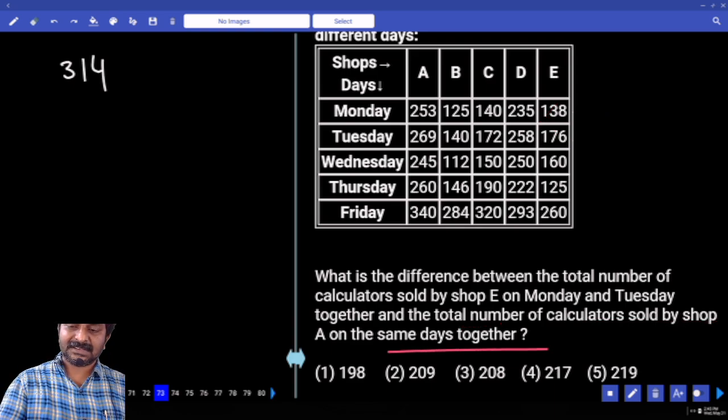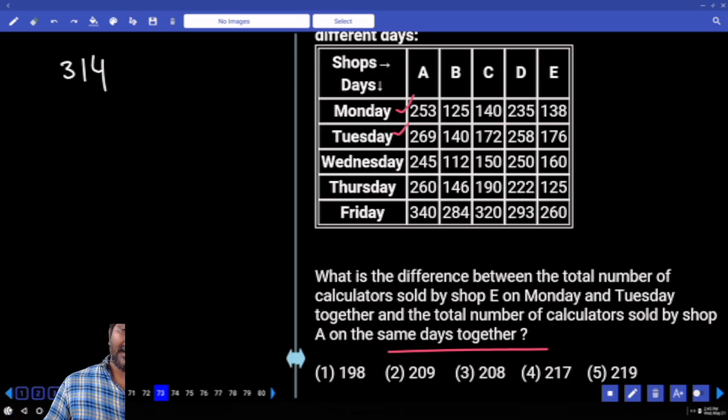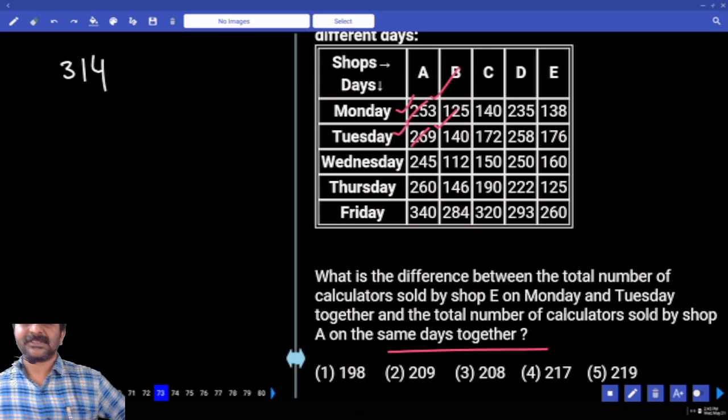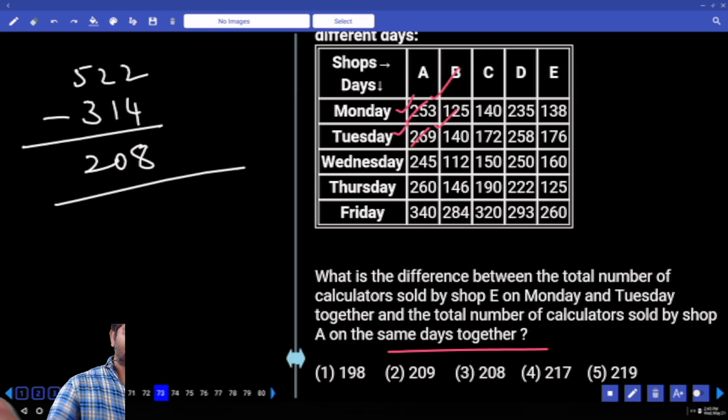Same days in the sense, sum of these 2 numbers only. Answer must end with 8. 2 options are there. We have to calculate. Right. Anyway. 250, 260, 510. 3 plus 9, 12. 510 plus 12. From 522, you need to subtract 3, 1, 4, 2, 0, 8.